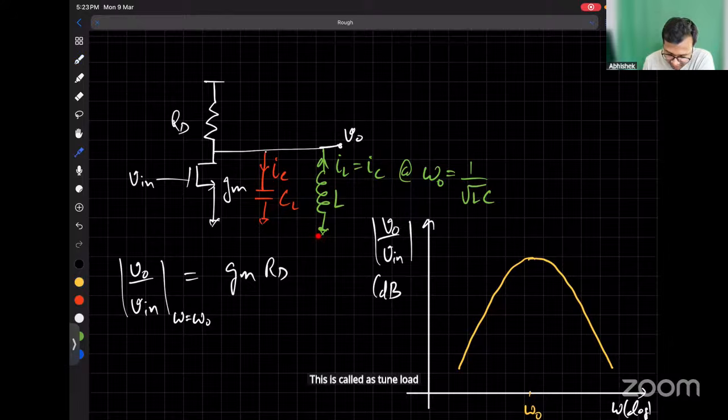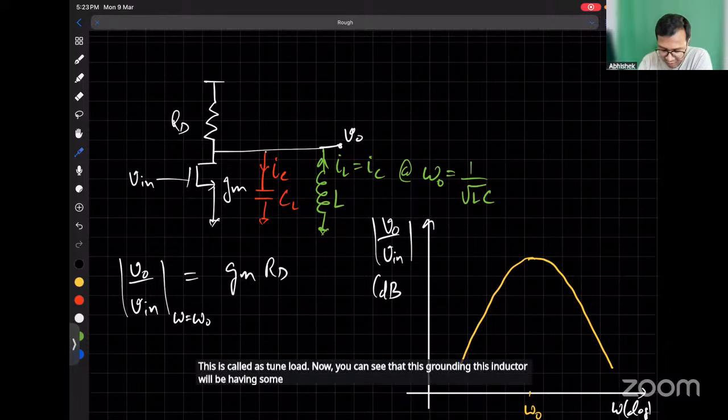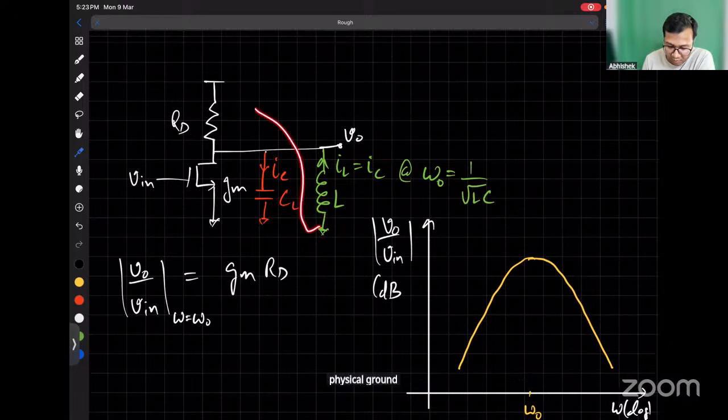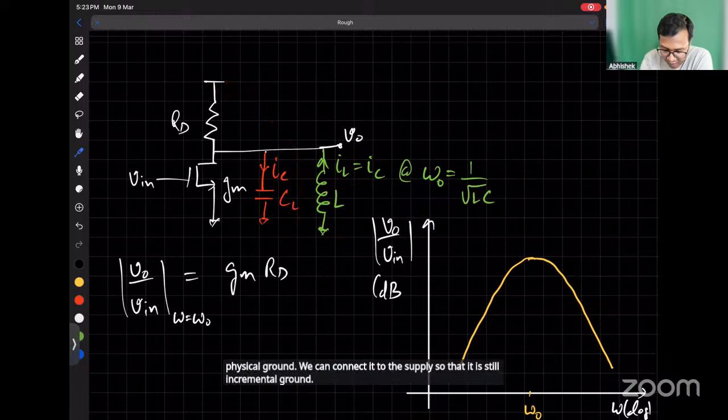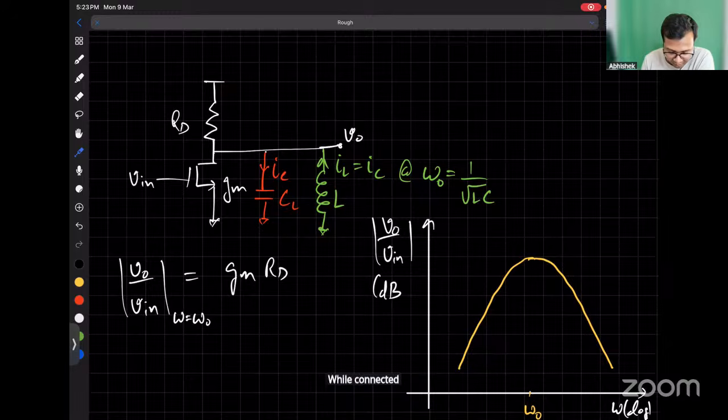Now you can see that grounding this inductor will be having some biasing issue. So that also can be resolved. We have seen one way to do is instead of connecting this to physical ground, we can connect it to the supply so that it is still incremental ground while connected across the CL.